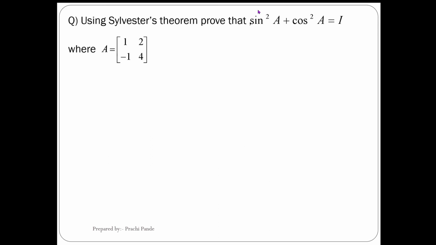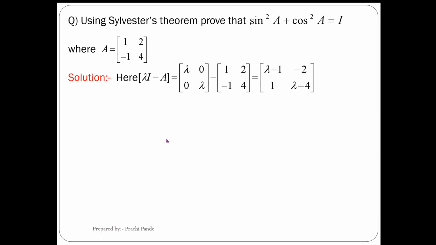Now there is one more identity that, using Sylvester theorem, we have to prove: sin square A plus cos square A is equal to the identity matrix. We know that this identity holds true for any theta, but we have to verify the identity for the matrix also.